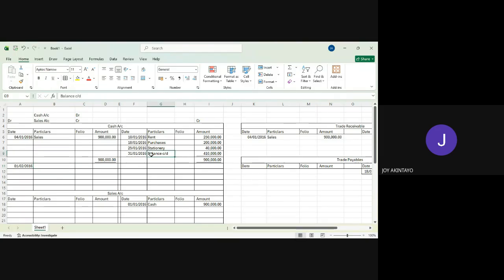Balance brought down. So this is how we put it. So we now have 410. If we are to record this in our trial balance, the cash account of 410 will be on the debit side. Do you understand?